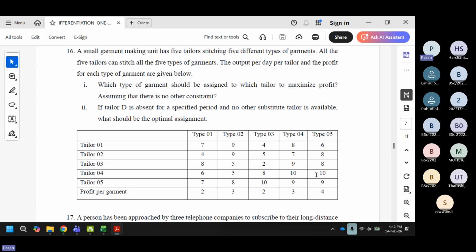If this one is absent, then these numbers have to change. So you have to find that additional information and change these numbers, and once you modify that, your solution will change, right? So you need to do some modifications there.